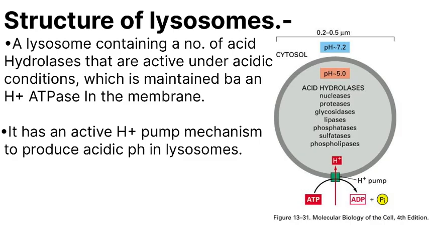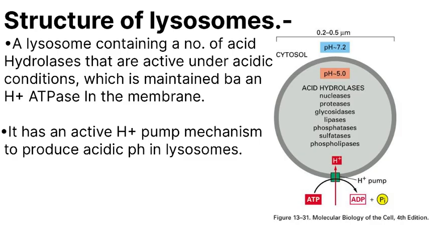Now take a look at what's inside the lysosome. It contains a number of acid hydrolase enzymes that are active under the acidic condition. Their names are: nucleases, proteases, glycosidases, lipases, phosphatases, sulfatases, and phospholipases.